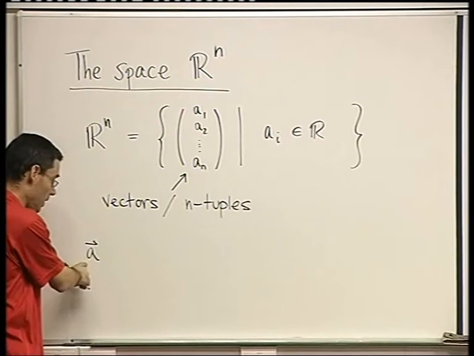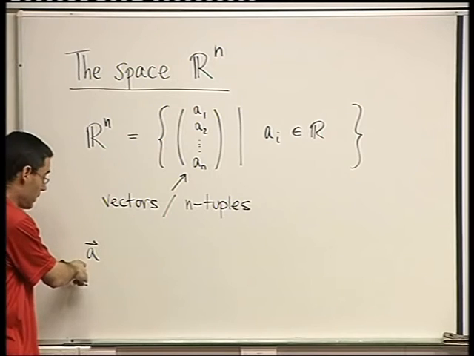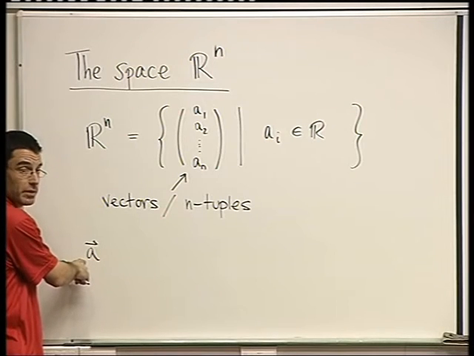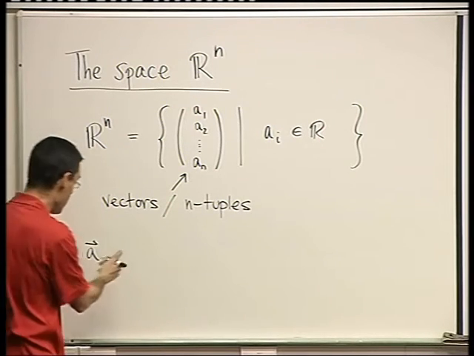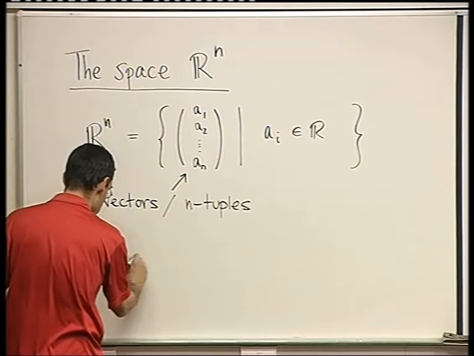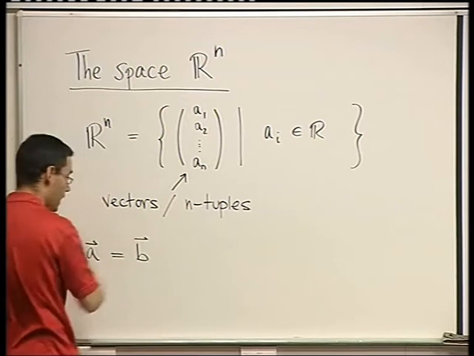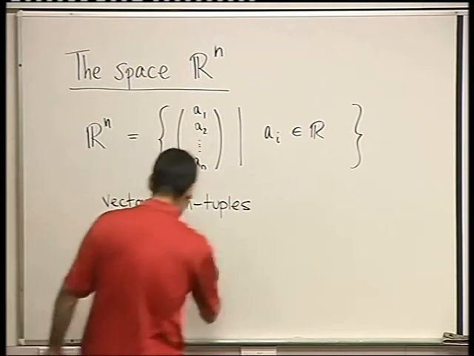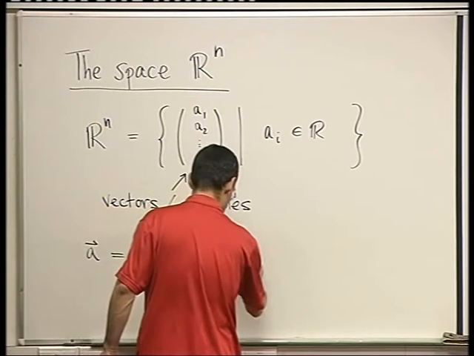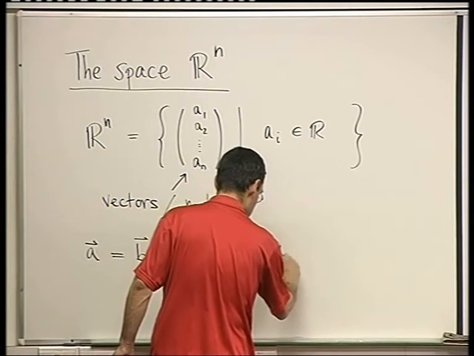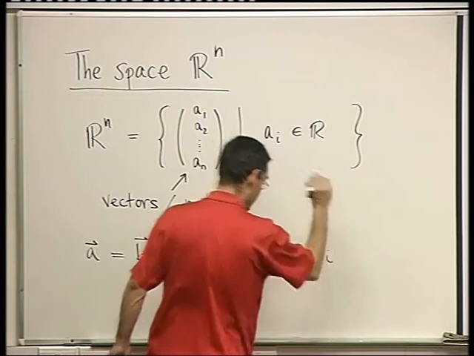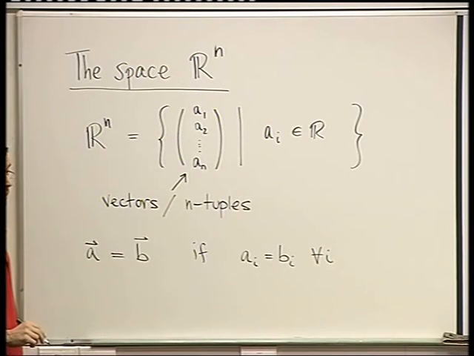We used this notation previously when we discussed the matrix form of systems of equations. So when are two vectors the same? When is A equal to B? If all the entries are the same. So ai equals bi for every i. That's when two vectors are the same.